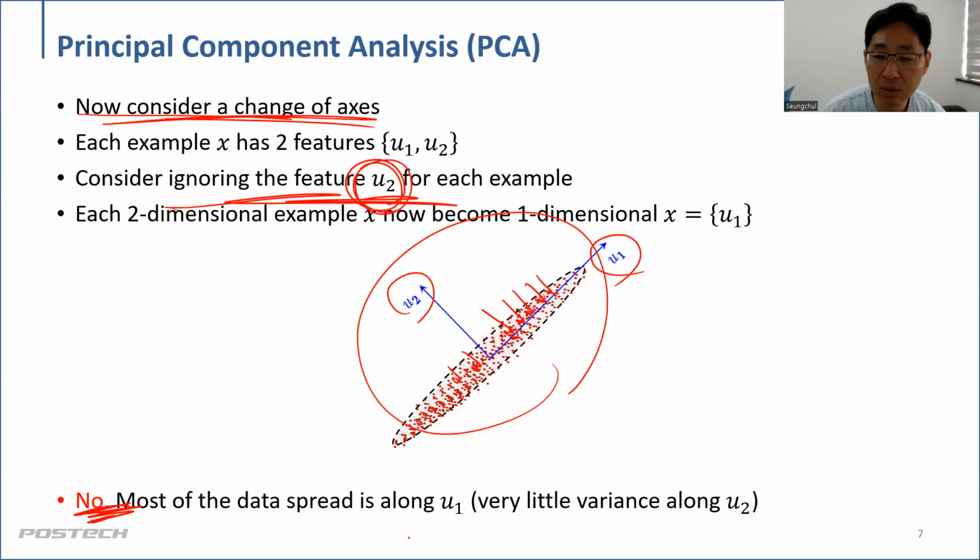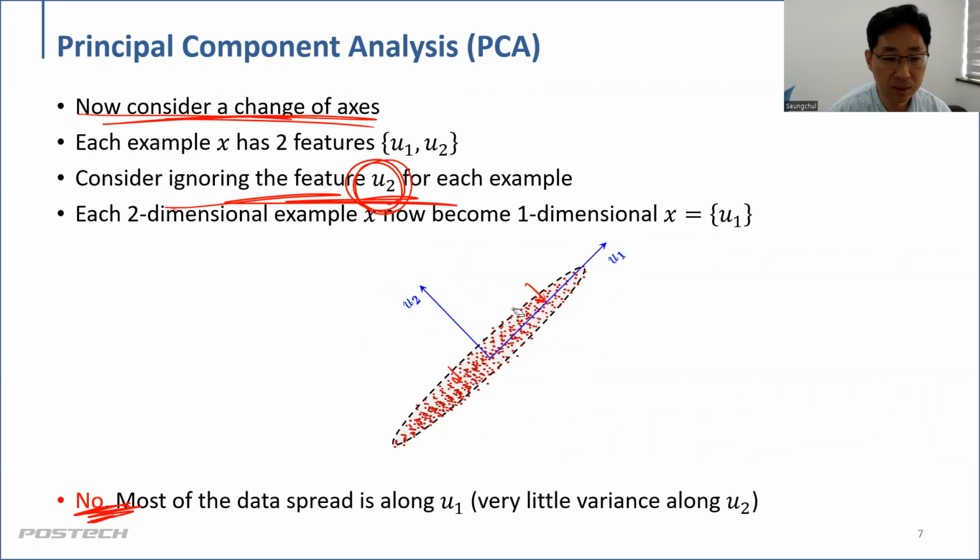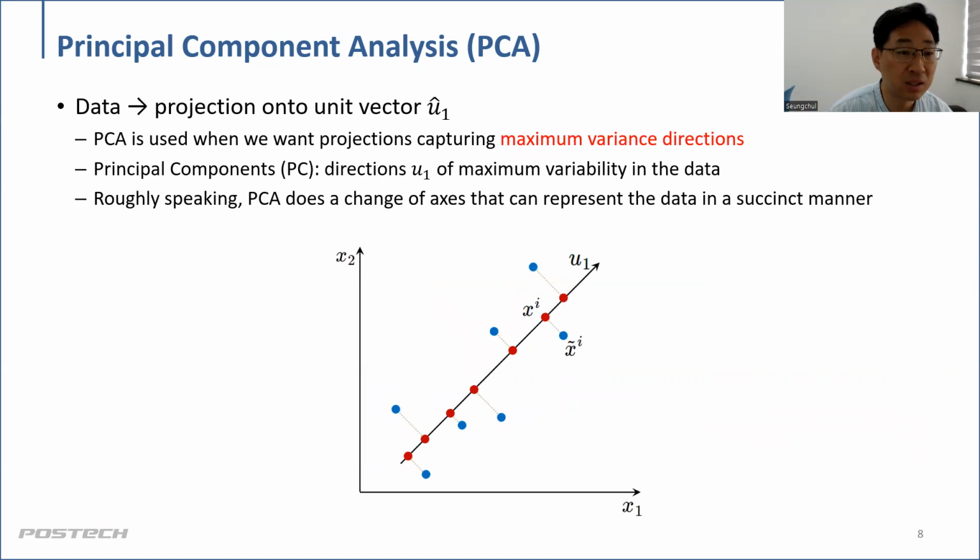I'm pretty sure that you get the idea at this moment. Then the question is, how do you find such a coordinate? The data is projected onto a unit vector, because it's an axis, so you don't have to worry about the length.